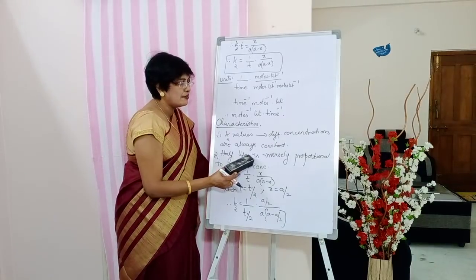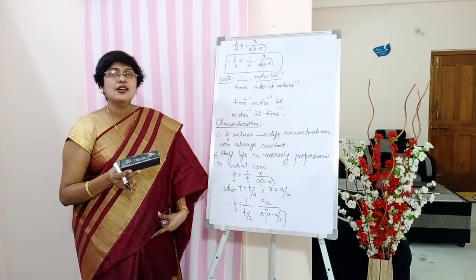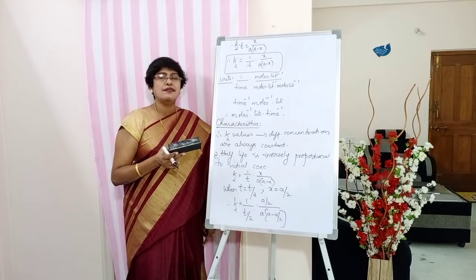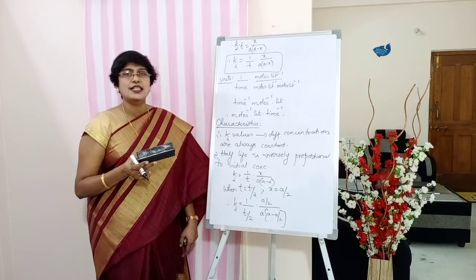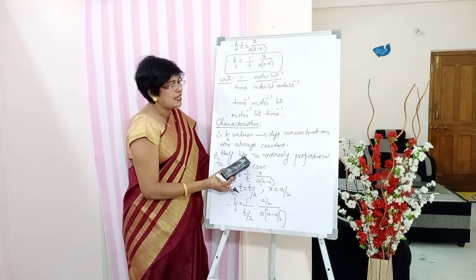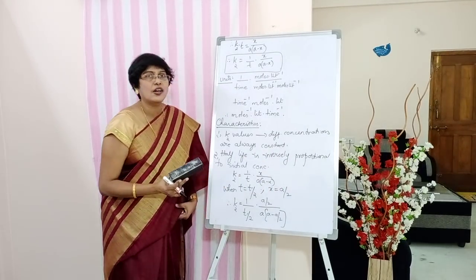Next, half-life is inversely proportional to initial concentration. So the time taken for the decomposition of half the initial concentration of the reactants is called the half-life. So the half-life is inversely proportional to initial concentration.